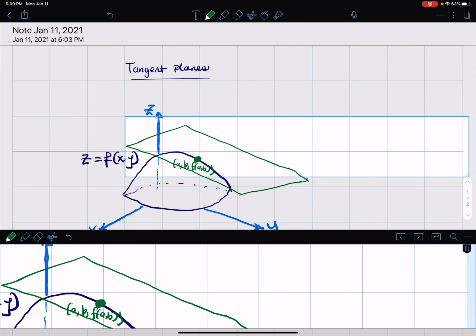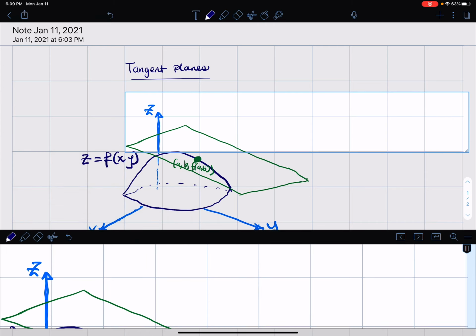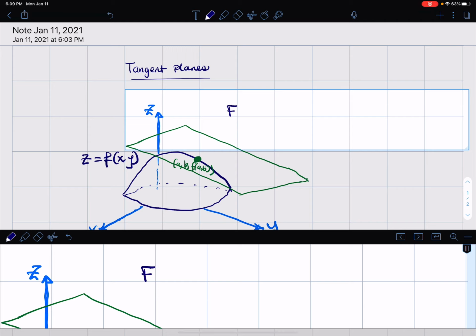Now, there is a fact in mathematics that I could discuss with you, but for now I'm just going to state it, and we're going to talk more about it later on, and we won't prove it now.